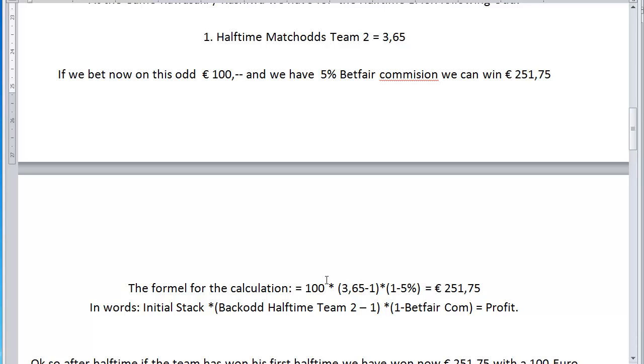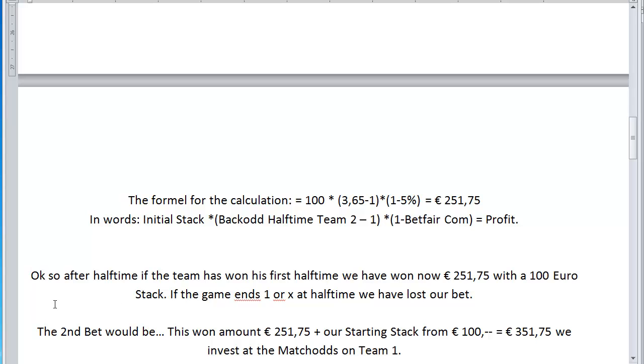Okay, so if the team has won the first halftime, we have won 251.75 with a 100 euro stake.